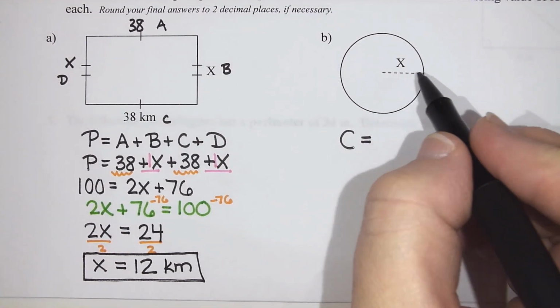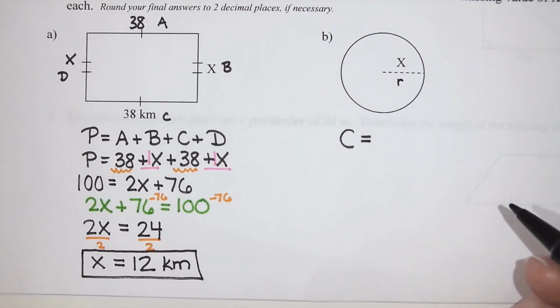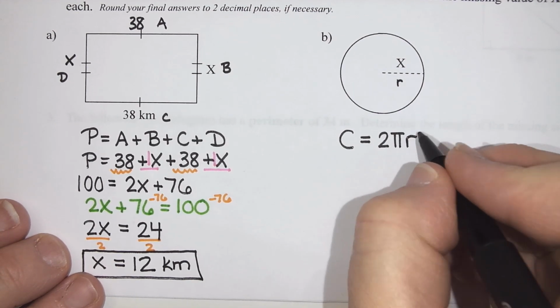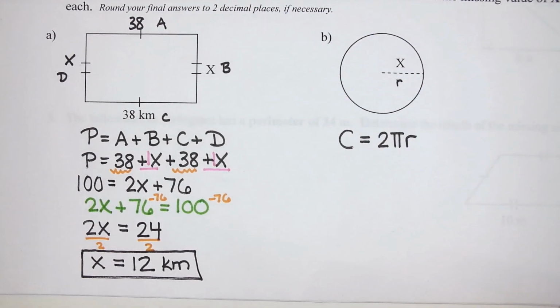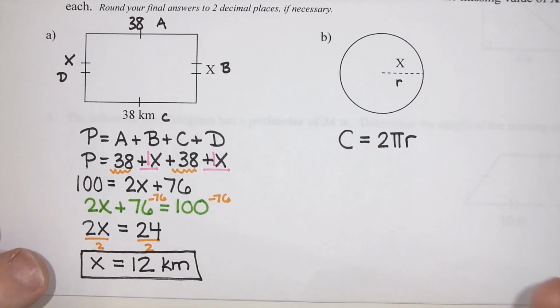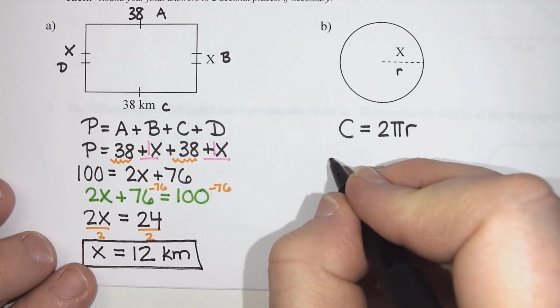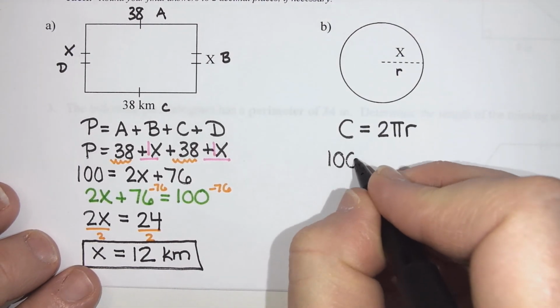Now this is the radius. So I am going to use 2 pi r. If I had all the way across the diameter, then I would just do pi d. Okay, so circumference, that's my perimeter. It is 100 kilometers, so this is 100.